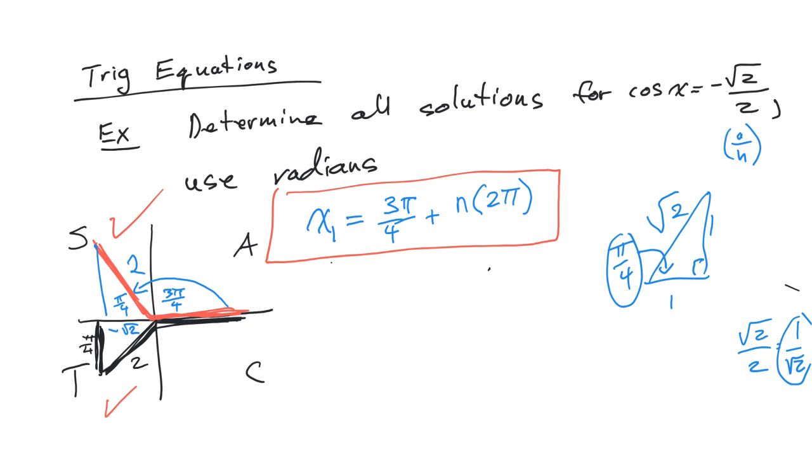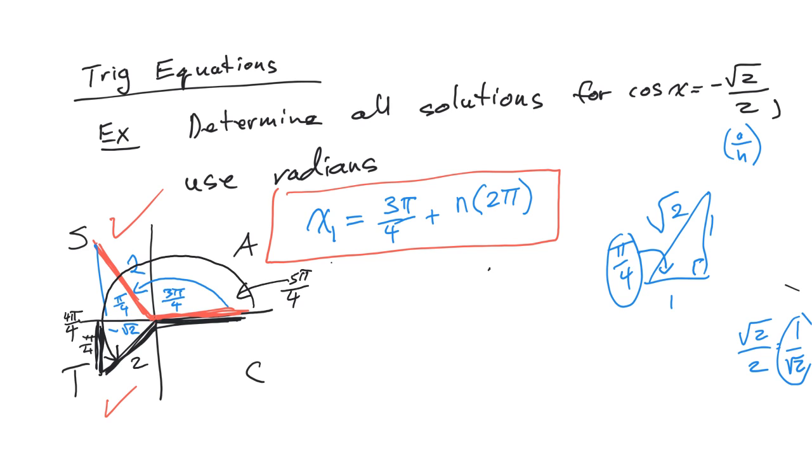So for the second angle, when we zip around here all the way to the end, this is 4 pi over 4 radians, otherwise known as pi radians, but then we add a fourth. So the overall is going to be 5 pi over 4 radians.